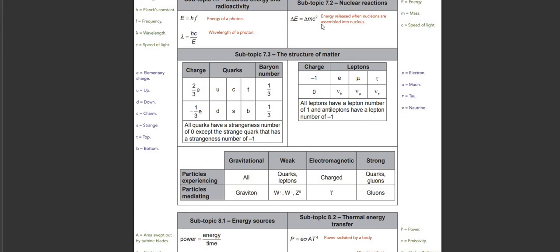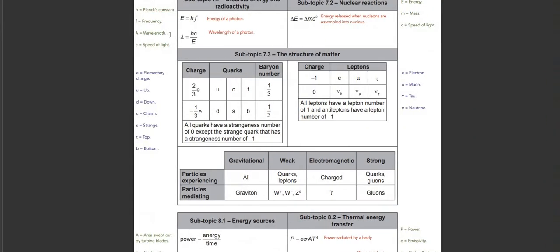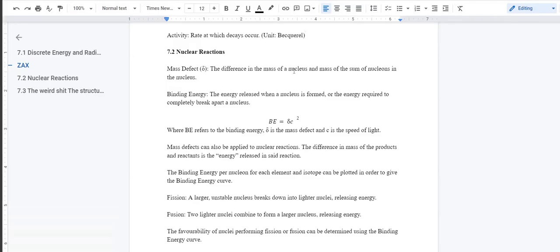It essentially says that mass is just another form of energy. You can turn mass into energy, as in the case of the protons and neutrons forming helium. This difference in mass is what we call mass defect. It is the difference in the mass of the nucleus and the sum of its nucleons.